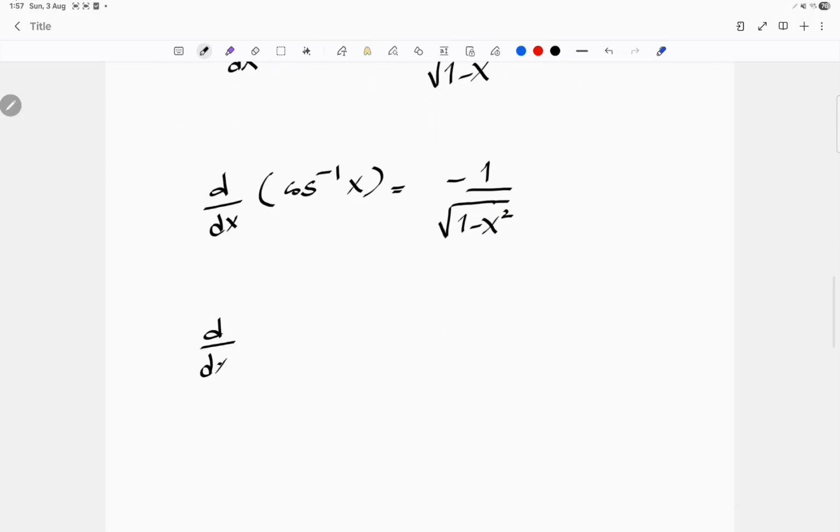The derivative of inverse cosine is minus 1 over root of 1 minus x squared. The derivative of inverse tan is 1 over 1 plus x squared. The rest will not come, only those three will come.